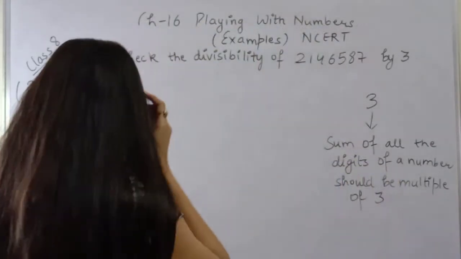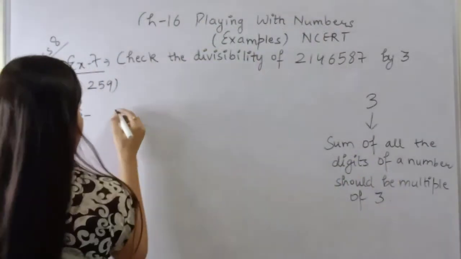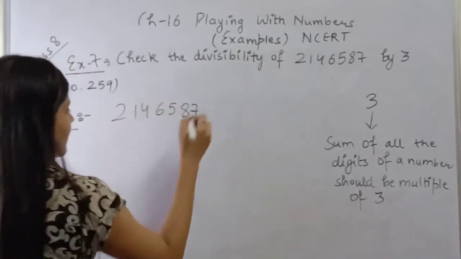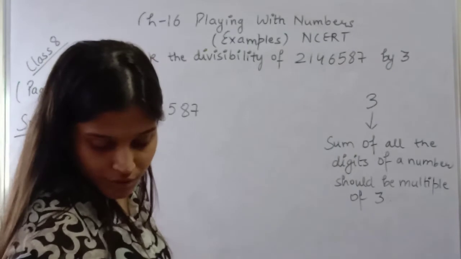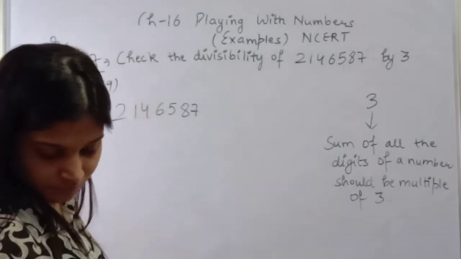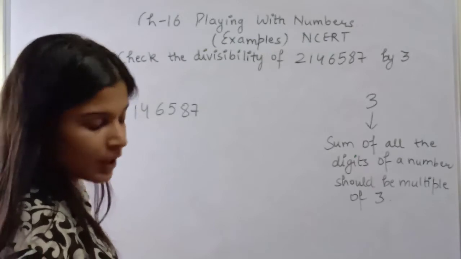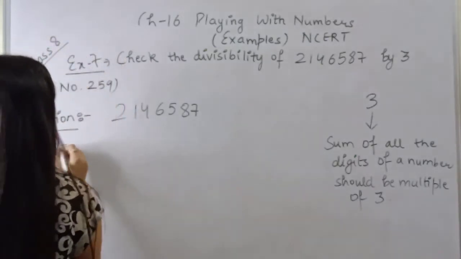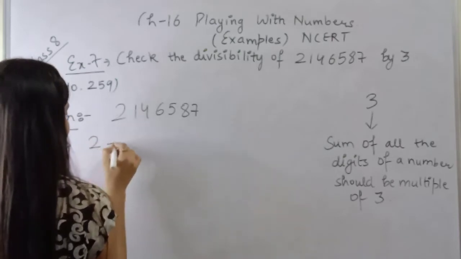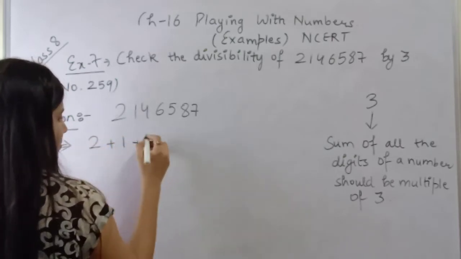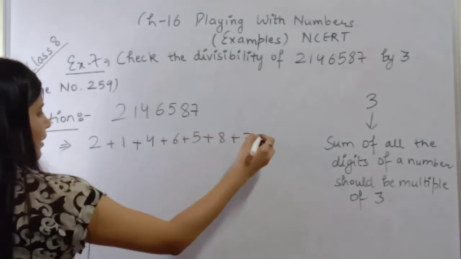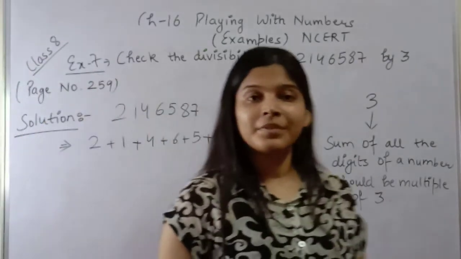ओके, सो यहाँ पे we'll write the number 2146587. So अब देखो इसकी डिविजिबिलिटी टेस्ट के लिए we'll add all the digits. So 2 plus 1 plus 4 plus 6 plus 5 plus 8 plus 7, इन सबको करना है add.